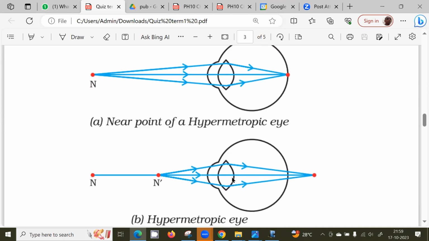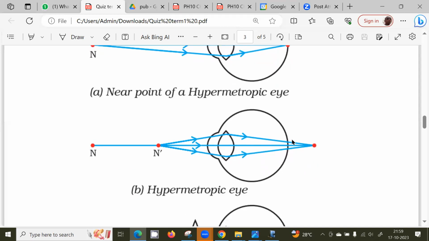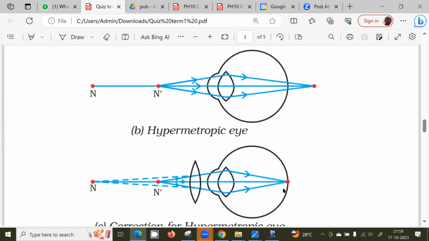For this eye, only an object beyond 25 centimeters will form an image at the retina. But for a good eye, even N prime will form an image at the retina, which is not happening here. So this is getting converged far away. To make it converge at the retina, I have to use an additional convex lens, because a convex lens will converge, right? So this will make it converge at the retina even for an object placed at 25 centimeters, which is N prime.